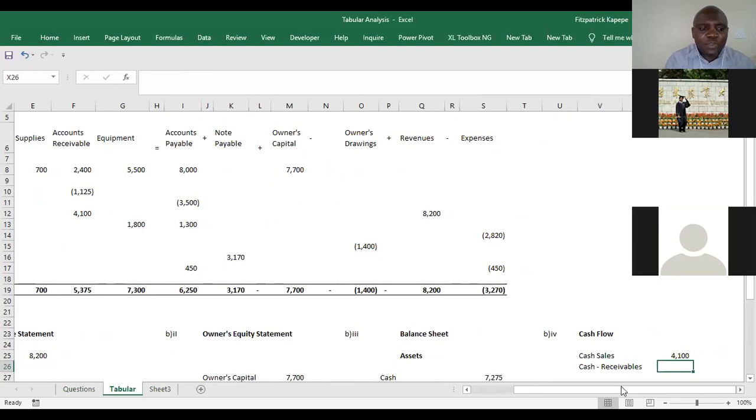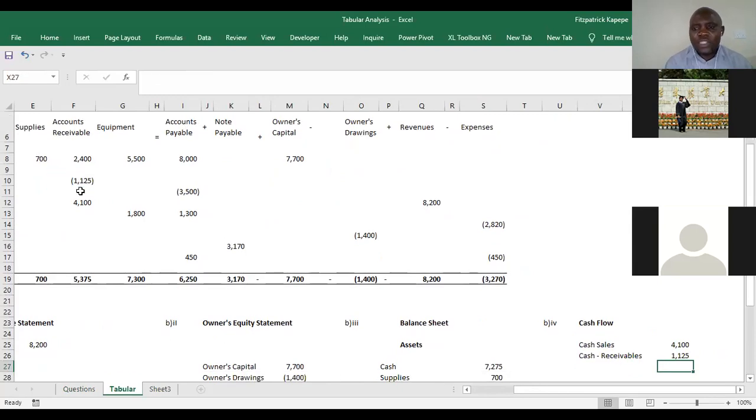So cash on receivables was how much? That was 125. Then I can see you also had to pay.